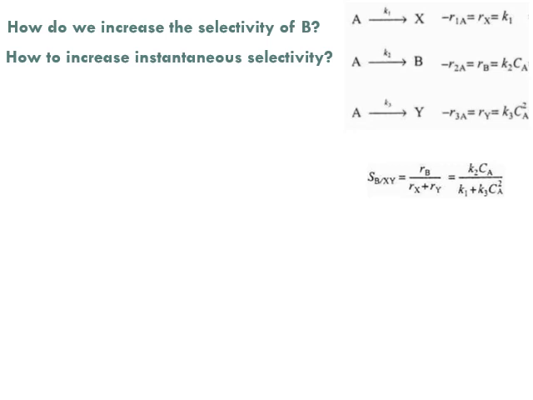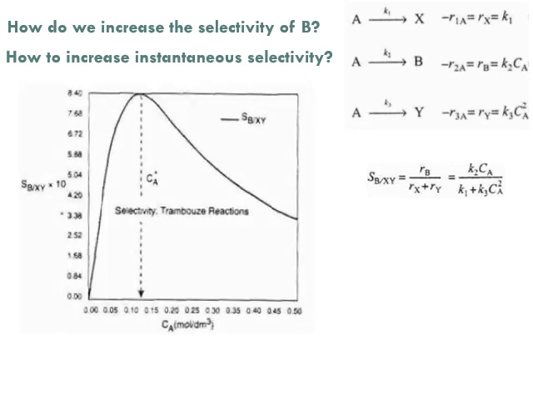Now, what can we do? Should we use high concentration or low concentration? Unfortunately, it's not very obvious, so maybe we want to plot. Let's plot the instantaneous selectivity against CA. When we plot, now it's clear.